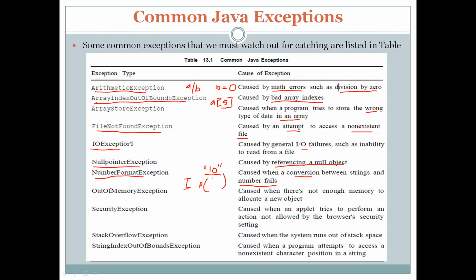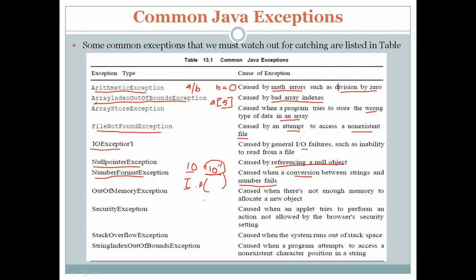This will convert the 10 into integer form and return a value 10 without double quotes, meaning this is an integer number. This conversion happens successfully.